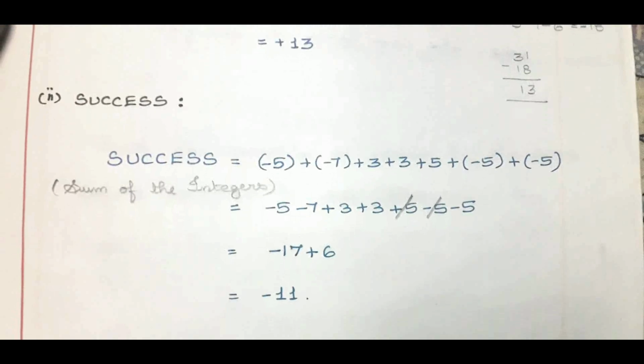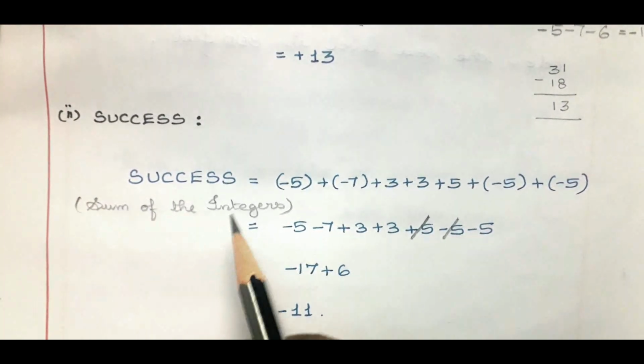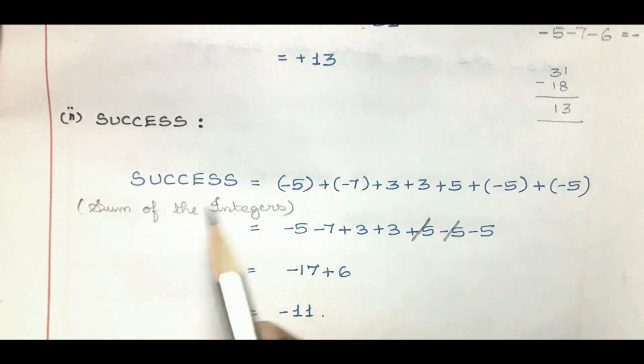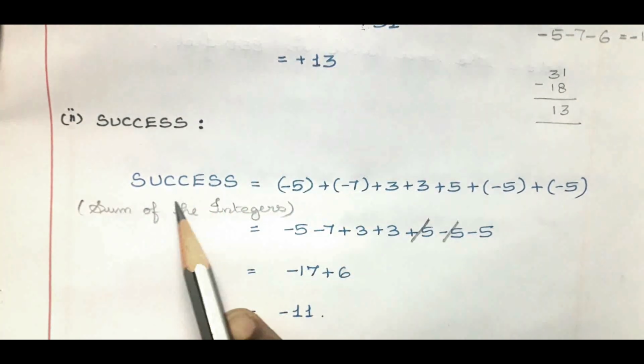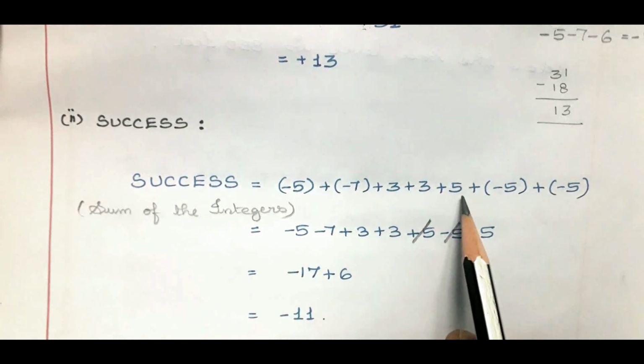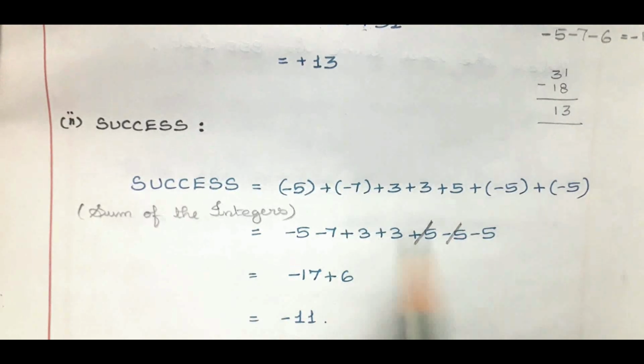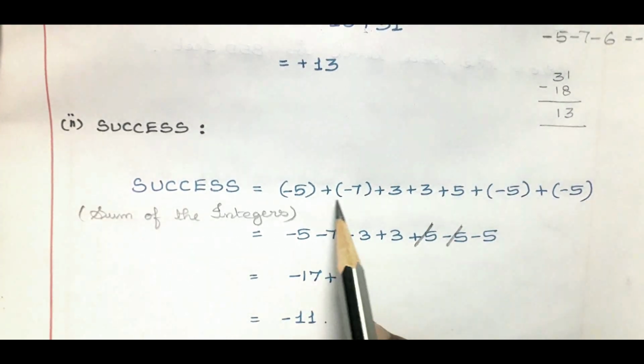Okay, next they have given the word success. When you find it for the word success, S is minus 5, U is minus 7, C is 3, C is 3, E is plus 5, and S is minus 5, and S is minus 5. So as I said, go for the multiplication of integer signs.